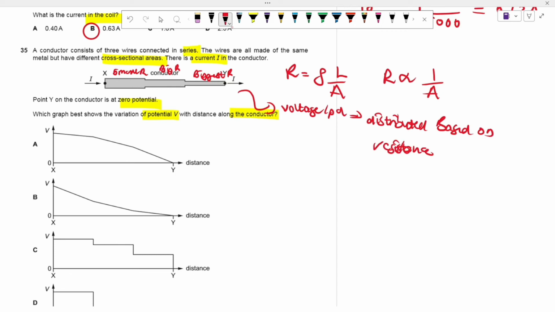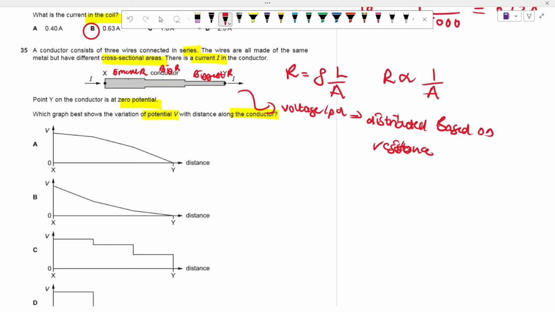The smaller the resistance you have, the smaller the voltage you get, right? So it means that for the first part, the potential drop that we're going to experience has to be small. Why? Because it has a small resistance, and at the end our drop has to be big. Why? Because it has a bigger resistance.